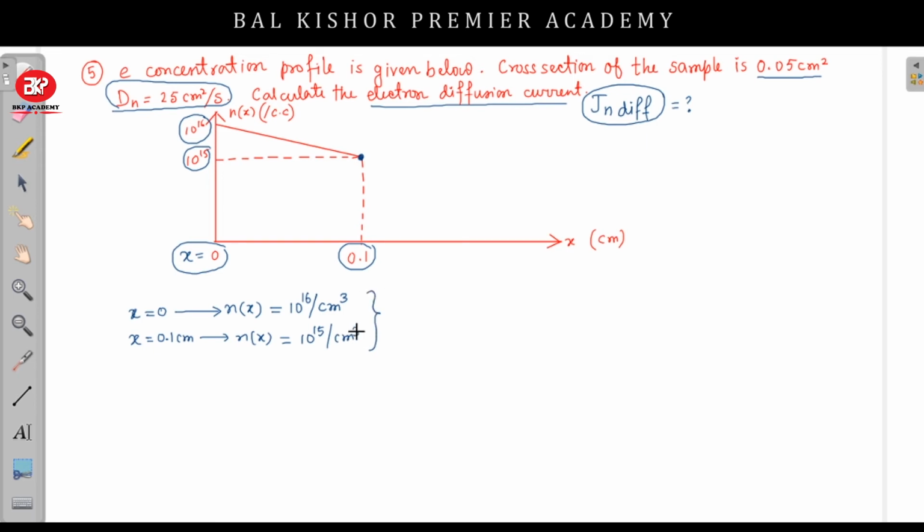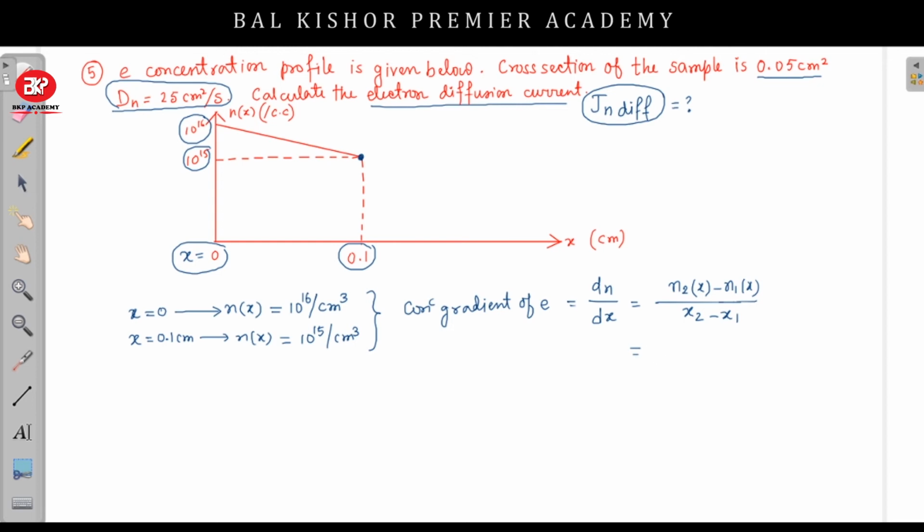So from this we can calculate the concentration gradient of electrons. So it will be dn by dx, which will be n2(x) minus n1(x) divided by x2 minus x1.